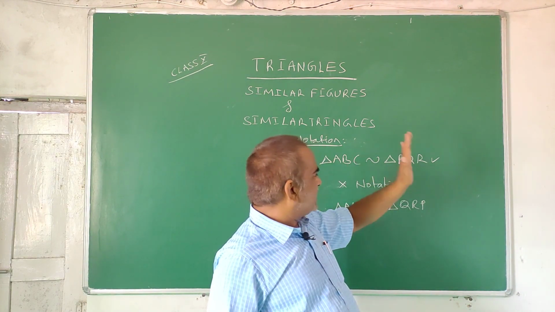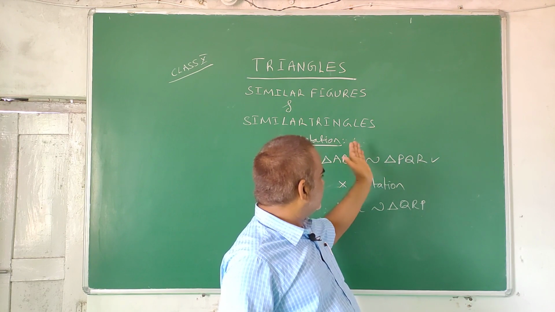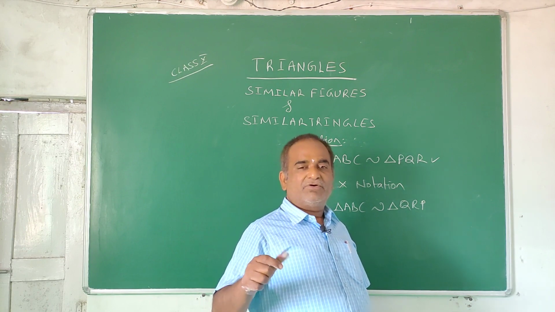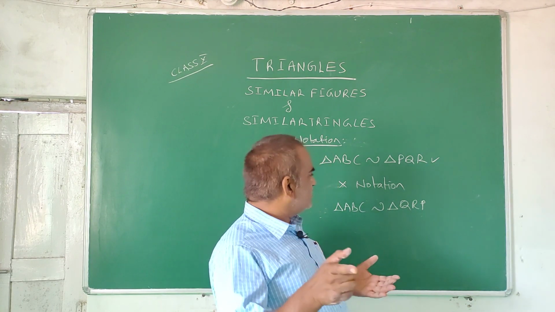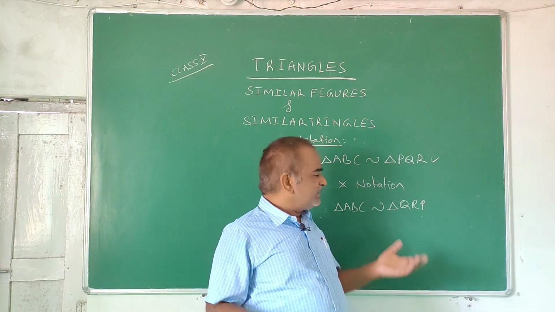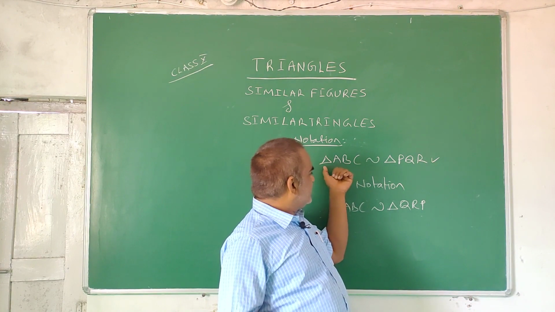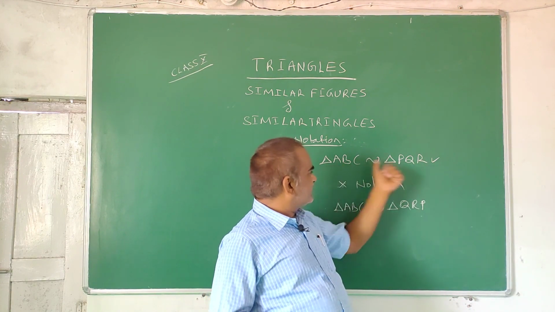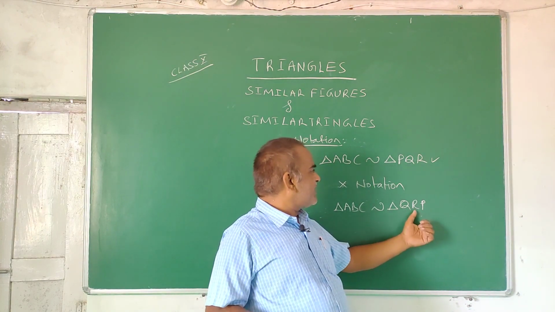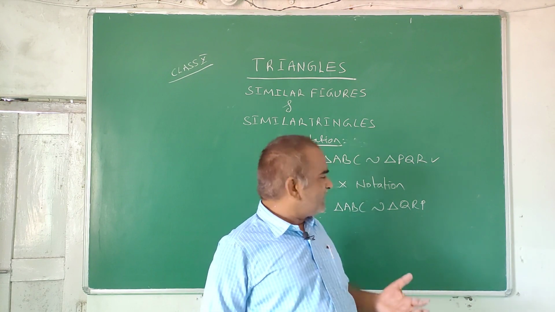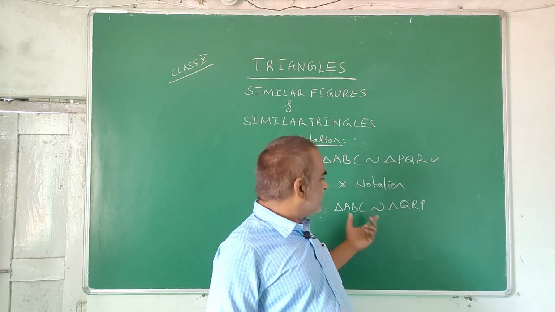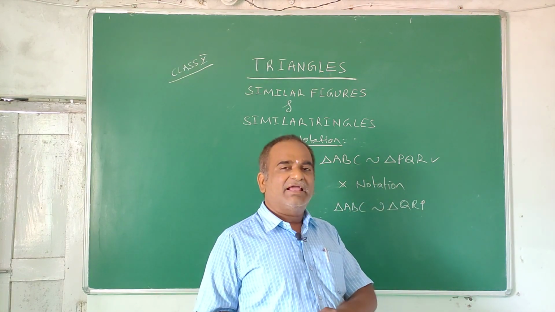Because angle A equals angle P, angle B equals angle Q, angle C equals angle R in the previous context, in whatever diagrams we have drawn. So when we are expressing the similarity, this is the only way that you have to express it. If you take a little freedom and express triangle ABC similar to triangle QRP, maybe you are thinking triangle PQR and triangle QRP are the same, but it is wrong with respect to similarity of triangles.